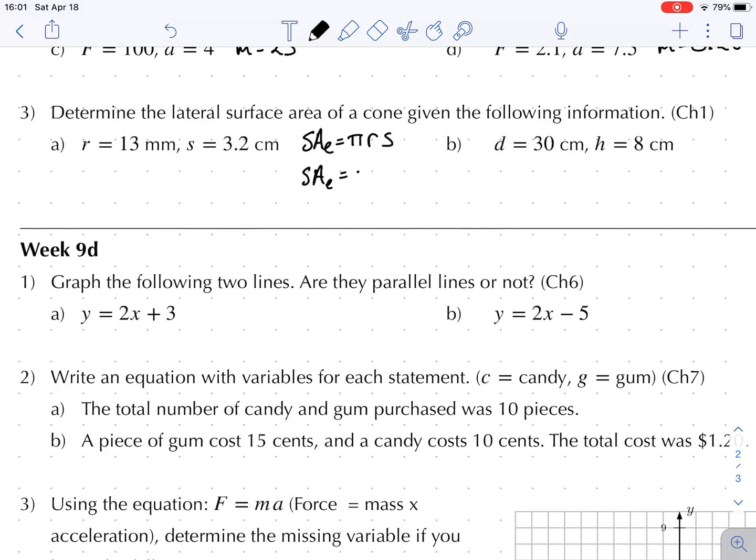So we have our radius and we have our slant height here, so it's straightforward. Surface area of our lateral area is equal to pi times 13 times 3.2. And we just 13 times 3.2 times pi, 130.7 millimeters squared.